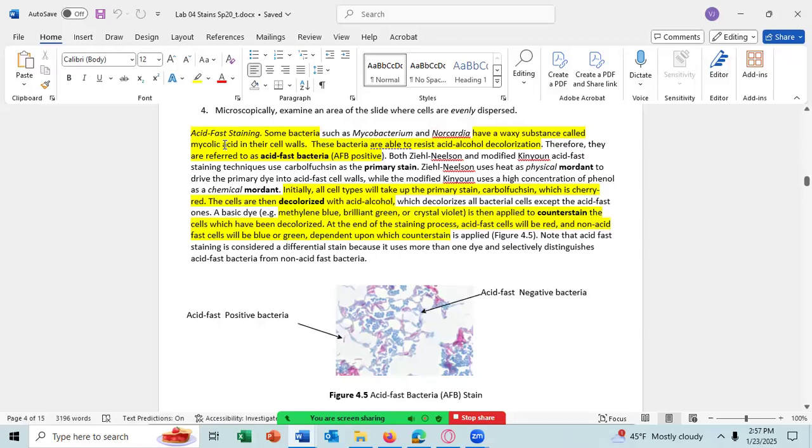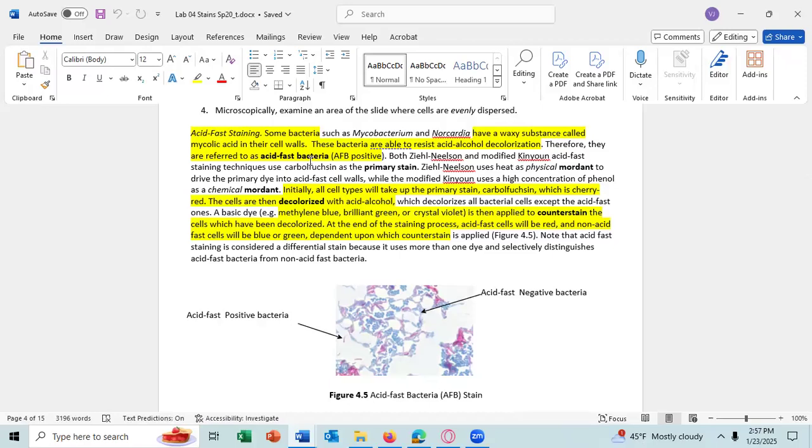And these bacteria are able to resist acid alcohol decolorization, meaning they retain the acid-fast stain. We call these bacteria acid-fast positive, meaning they're positive for acid-fast stain. Any question about that? Most of the bacteria in the world are acid-fast negative bacteria.